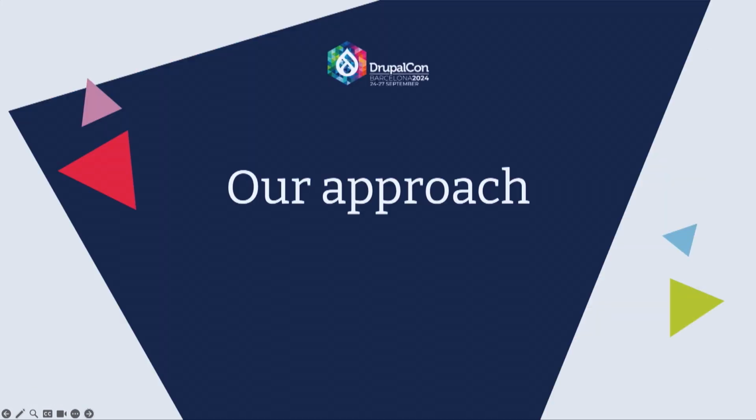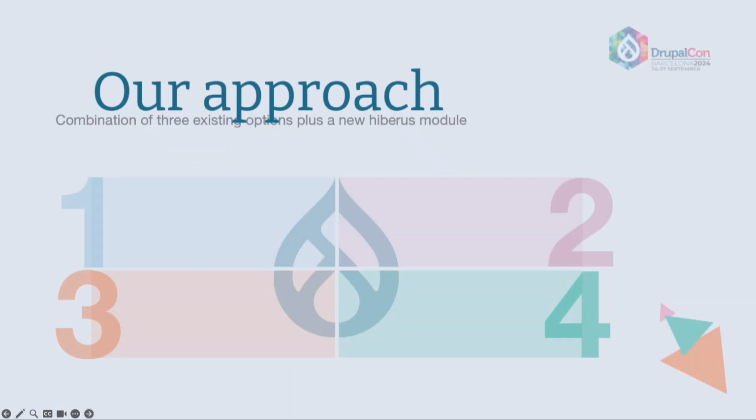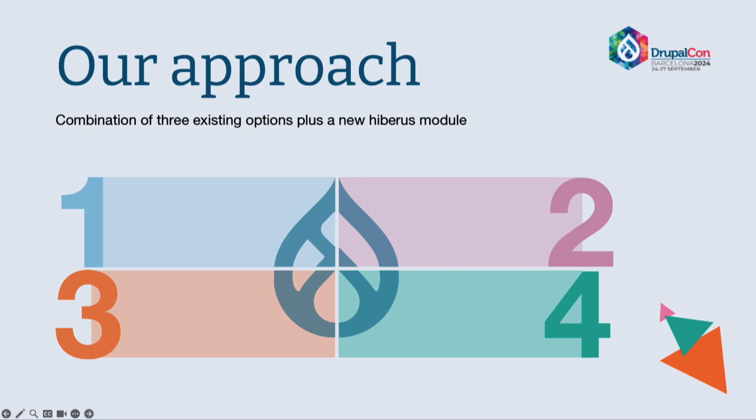And what is our approach? To automate the migration of a Drupal 7 site to a new Drupal site, I don't mention the destination version because it can be Drupal 10 or Drupal 11, we have defined a process that consists of different elements. At the beginning, three options.